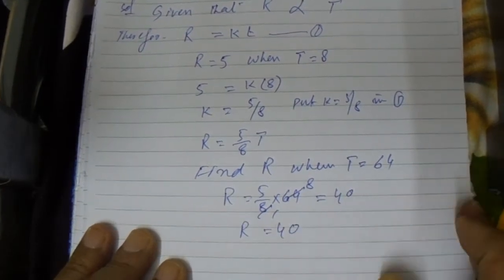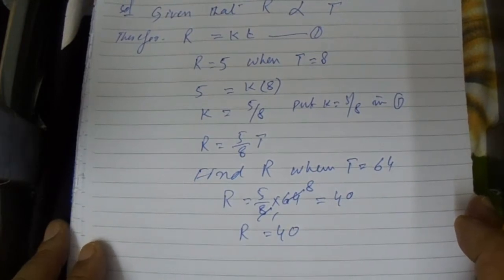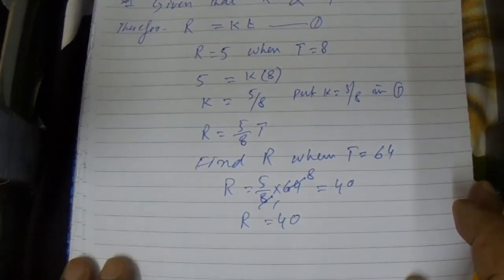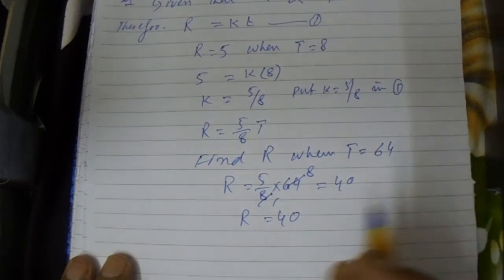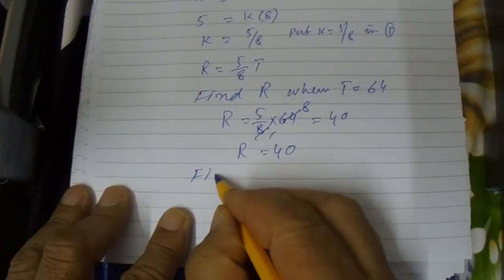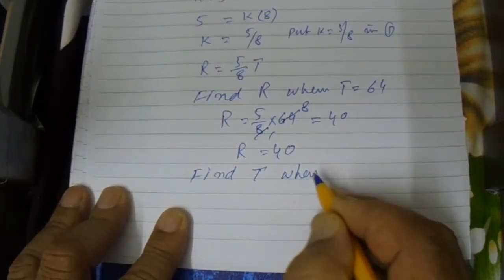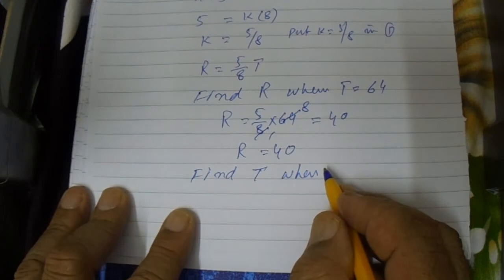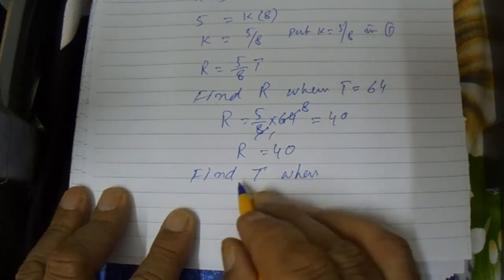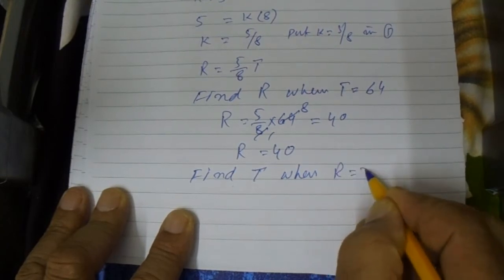Now again the second part of this, find t when r is equal to 20.